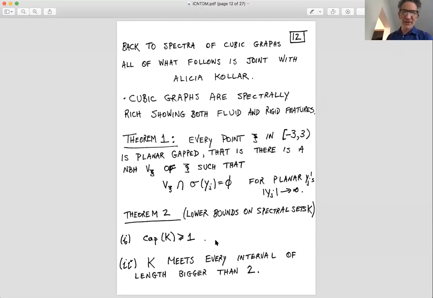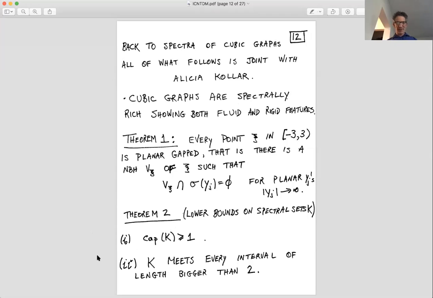What general constraints are there on a gap set? So the first theorem is that a gap set, a spectral set, remember, we're trying to make small spectral sets, can never have capacity less than 1. And you can imagine that uses Fekete's theorem, and it's not difficult from Fekete's theorem.